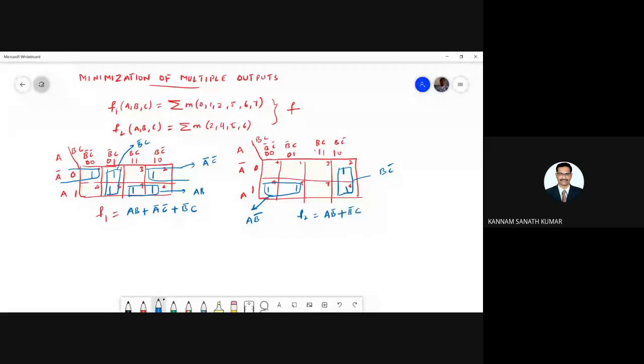In order to find out F, if you see this one and this one, you should write the terms which are common.